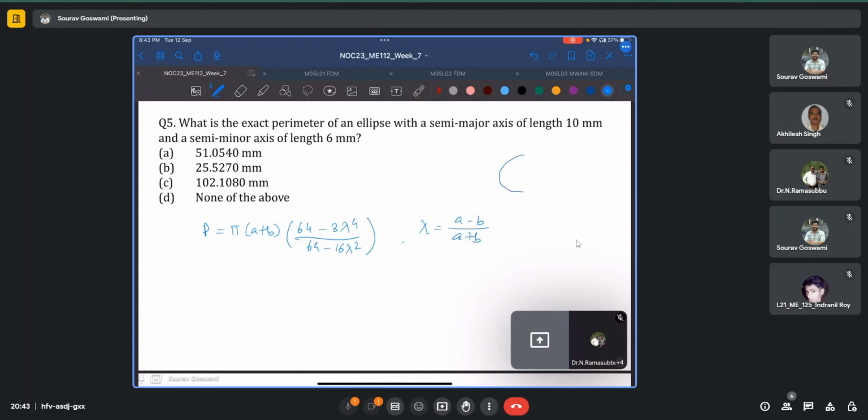So if this is my ellipse, this is 2A, this is 2B. Then this is the formula for the perimeter of the ellipse. So would someone like to volunteer and put in the values and tell me what is coming out?